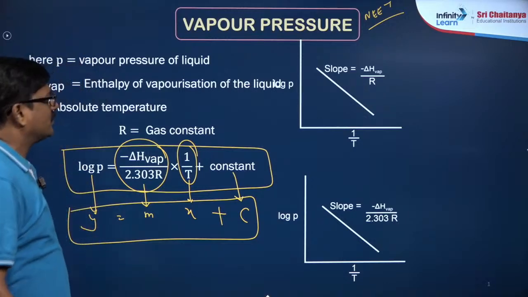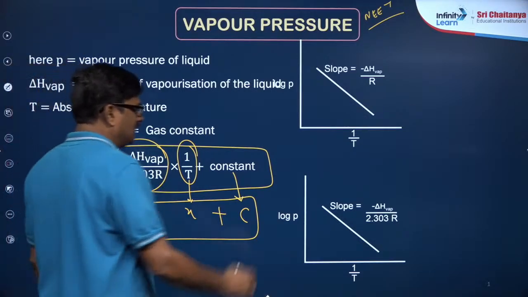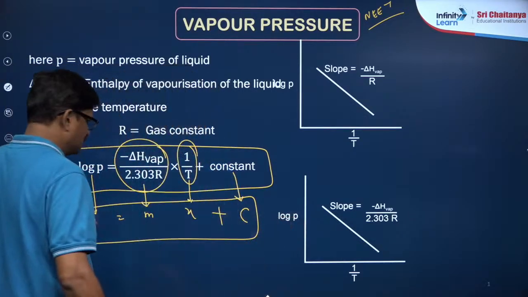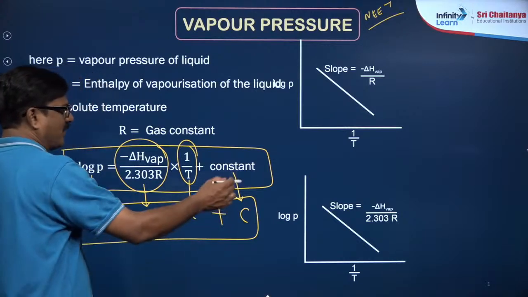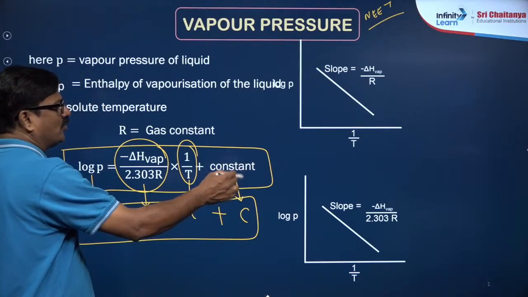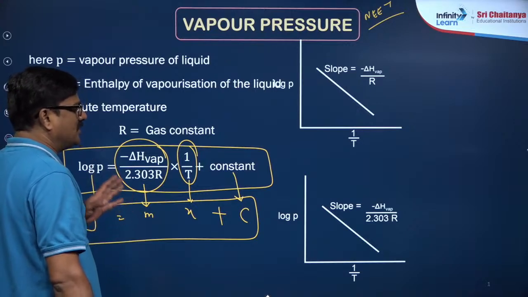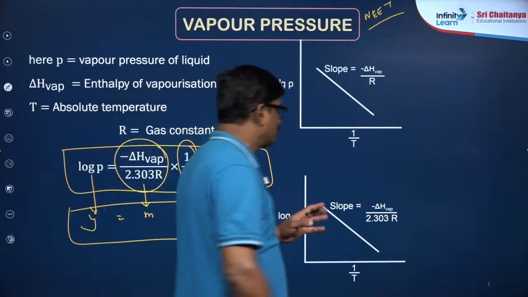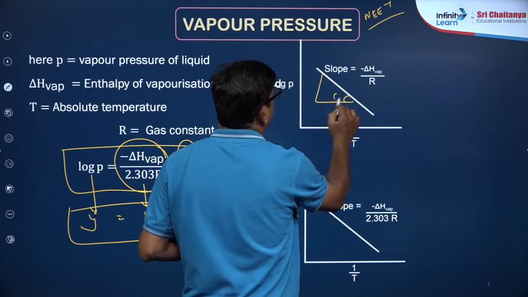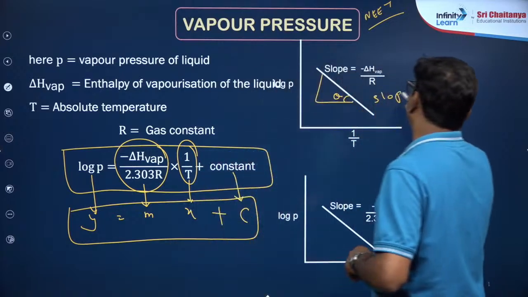With log P on the y axis and 1 by T on the x axis, the slope is equal to minus delta H vap upon 2.303 R. So it is going to be a straight line with a negative slope, and the slope is going to be tan theta.